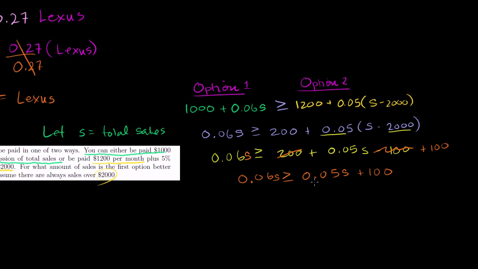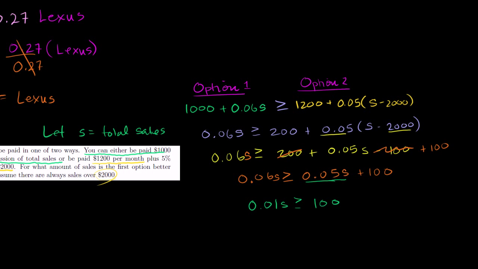Now let's subtract 0.05s from both sides of the equation. So 0.06s minus 0.05s is going to be 0.01s, is greater than or equal to, I subtracted this from both sides so it's not going to be here anymore, 100.